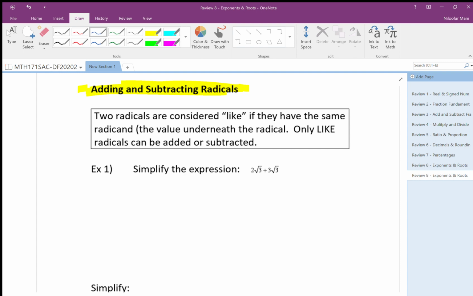Okay, so if you see the same radical, it's just like adding like terms. In addition and subtraction, when you see the same radical, you just add them, it doesn't matter. So you have 2 apples plus 3 apples. How many apples do you have? So it is 2 plus 3 radical 3, which is 5 radical 3.